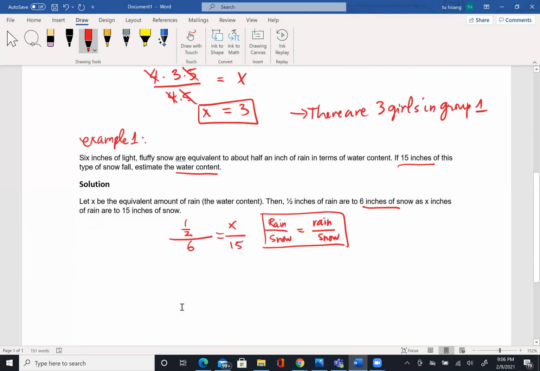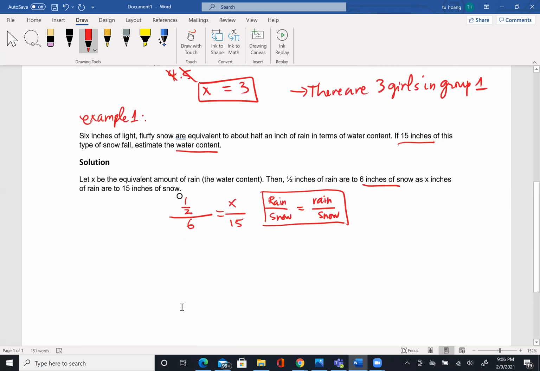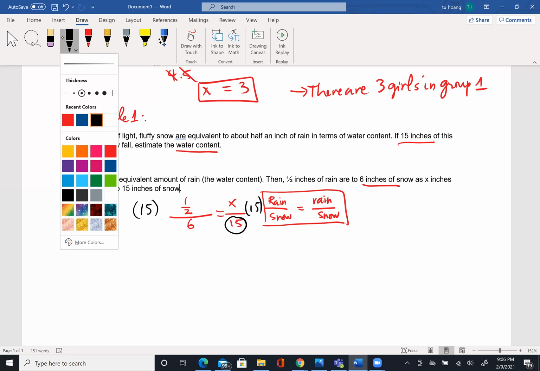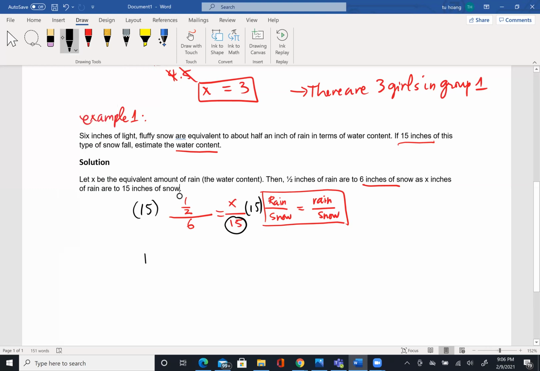Okay, let's move up. So now what you want to do is you can just multiply by the bottom over here. I mean multiply by 15 for both hand sides, right? So you have the left hand side going to be 15 times 1/2, everything divided by 6, equal to x, because this cancels 15. Okay, so now I can consider this at the top, right?